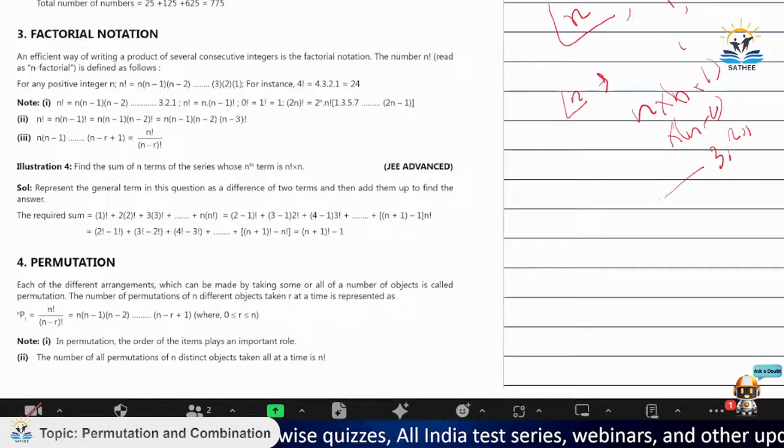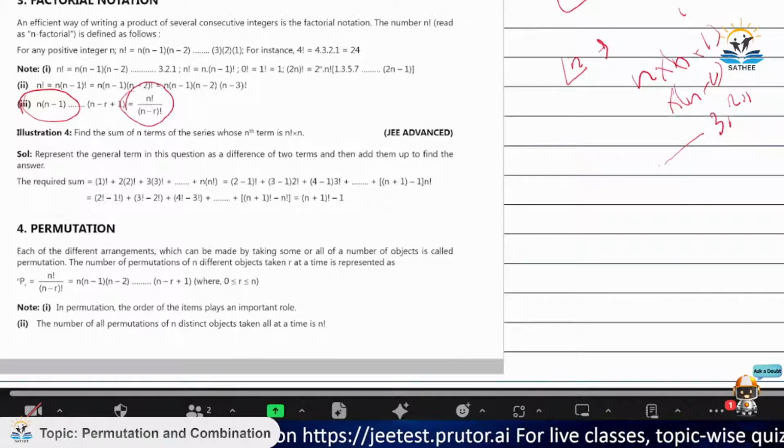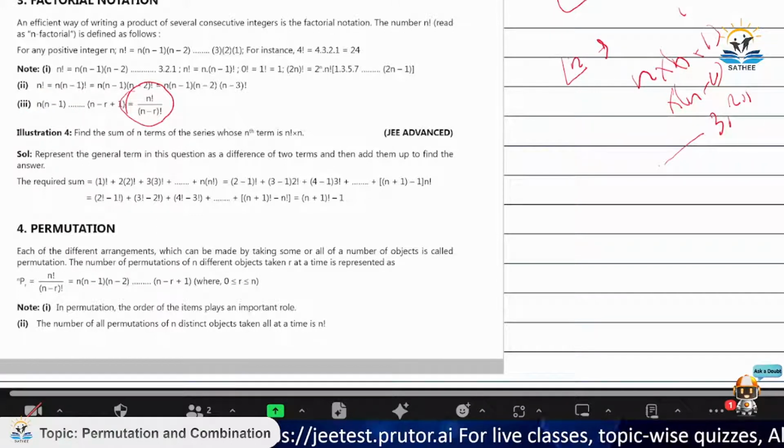An effective way of writing a product of several consecutive numbers is factorial notation, right? That is what a factorial is. The number n factorial is defined as follows. जो मैंने अभी बताया, it's very similar. Now moving on, there is another way of writing a factorial. This is something that you should understand. Sorry, I meant to circle this, not that.